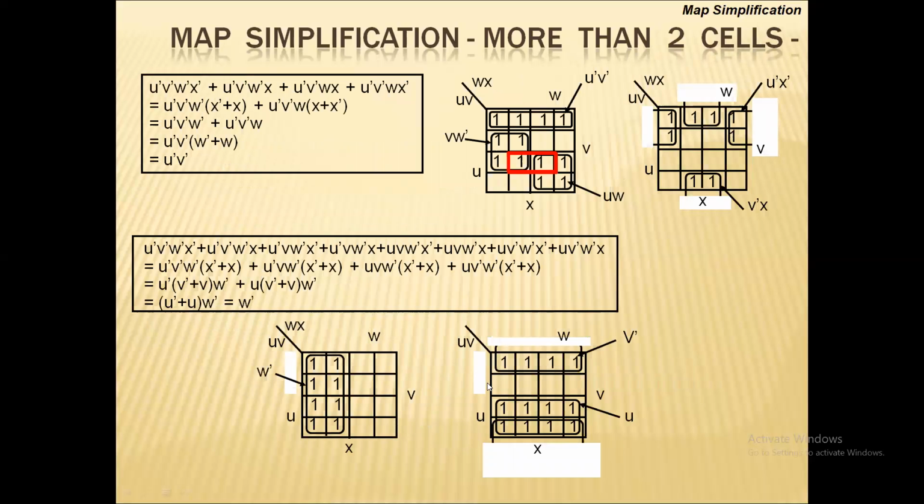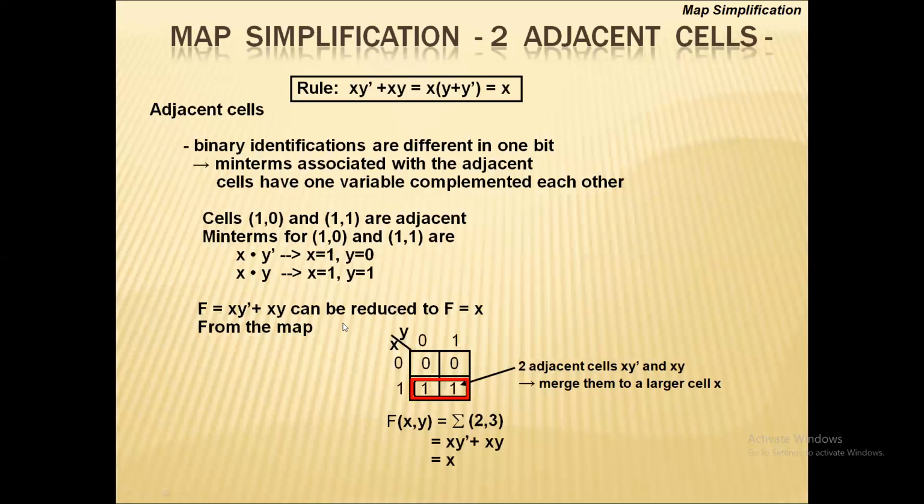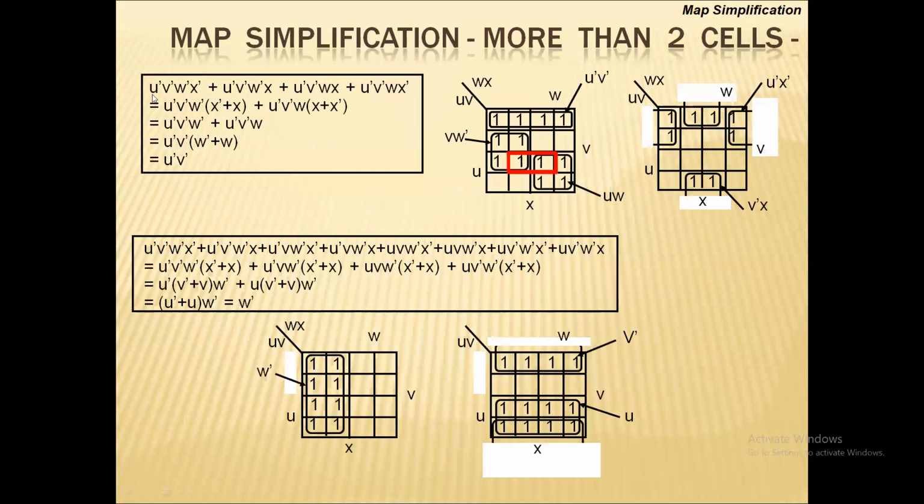So now let us talk of this one. U bar V bar W bar X bar, plus U bar V bar W bar X, plus U bar V bar W X, plus U bar V bar W X bar, which corresponds to the min term of 0 0 0 0.